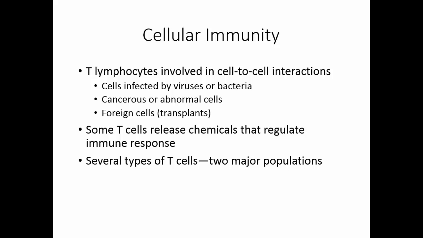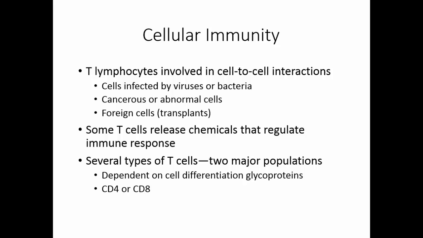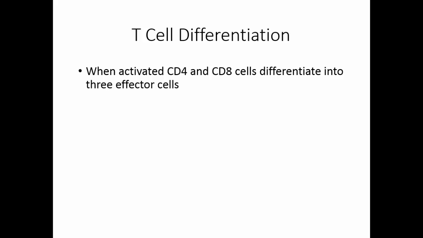There are several types of T cells, but there are two major populations. They get different glycoproteins on their cell surface. So these cell differentiation glycoproteins cause us to have CD4 cells or CD8 cells. These are the two major T cell types. When activated, CD4 and CD8 cells differentiate into three basic effector cells.